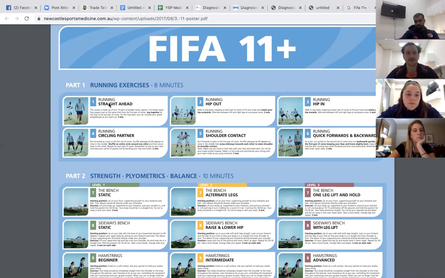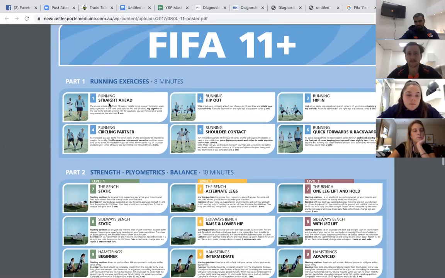The FIFA 11 is a 3-part warm-up or training for injury prevention drills. The first part is just general running exercises. Starting with straight line running, and then doing a few hip in and out movements: jogging, stopping on the spot, and then moving the hip in internal and external rotation.